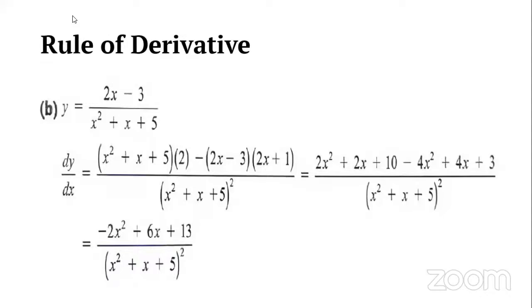Done. The first person will take, let's say, plus 2. Okay, 2 is too small. Plus 5 for the person that will give me the correct answer.